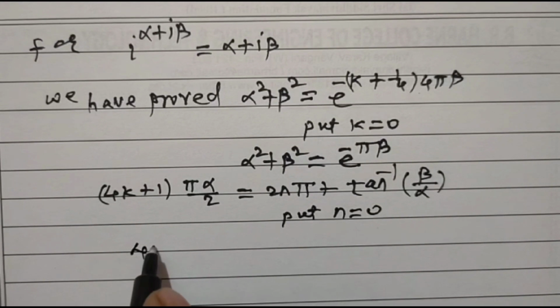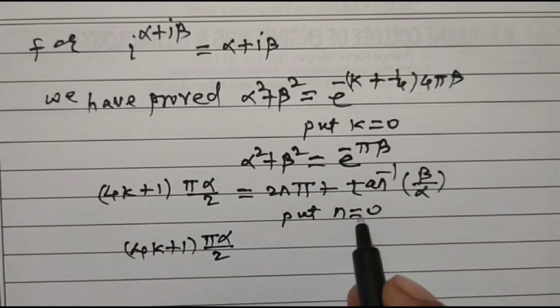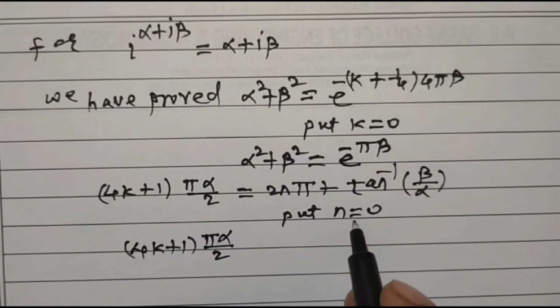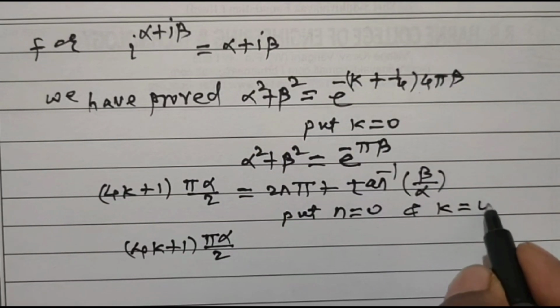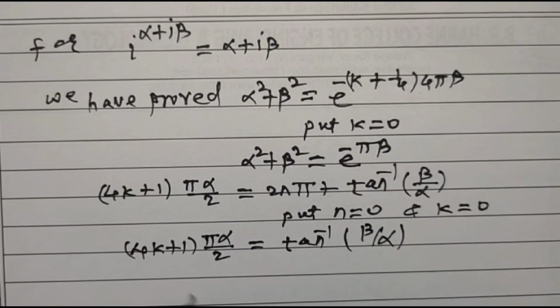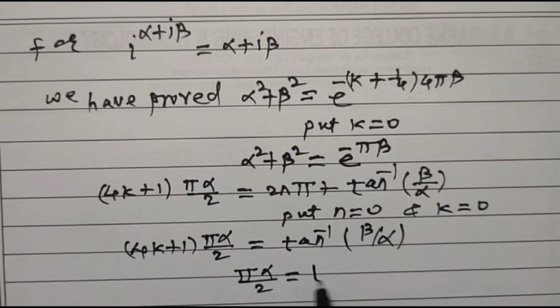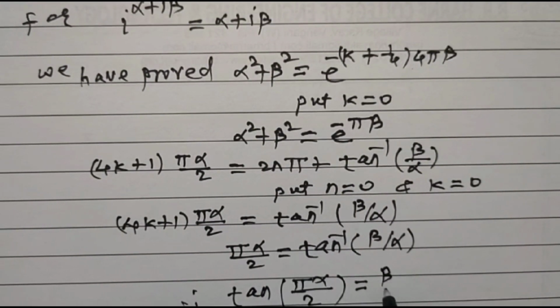Substituting n equal to 0 as well as k equal to 0, pi alpha divided by 2 is equal to tan inverse beta upon alpha. Take the tan inverse to this side. Hence tan of pi alpha divided by 2 is equal to beta upon alpha.